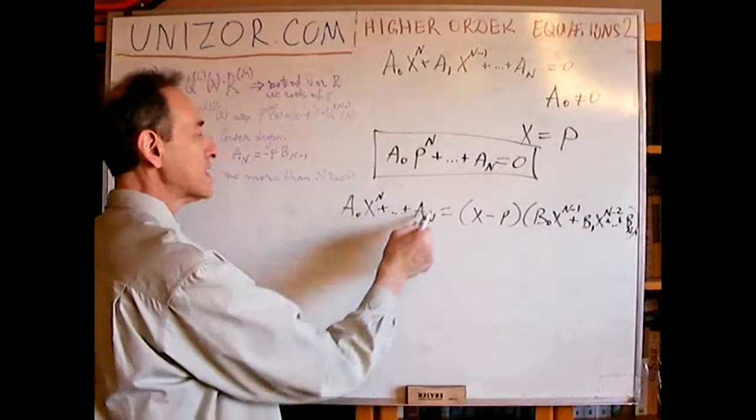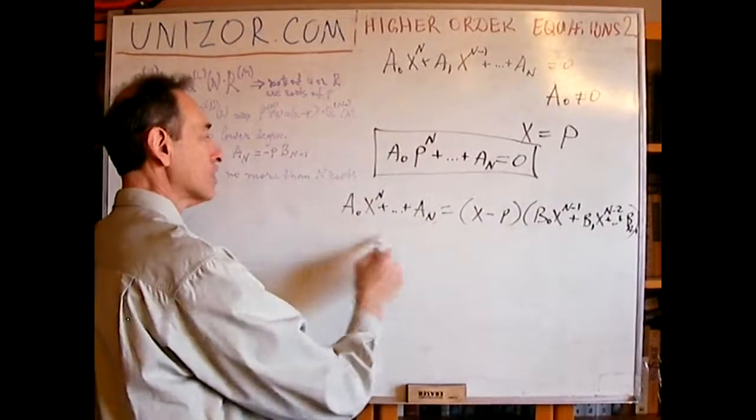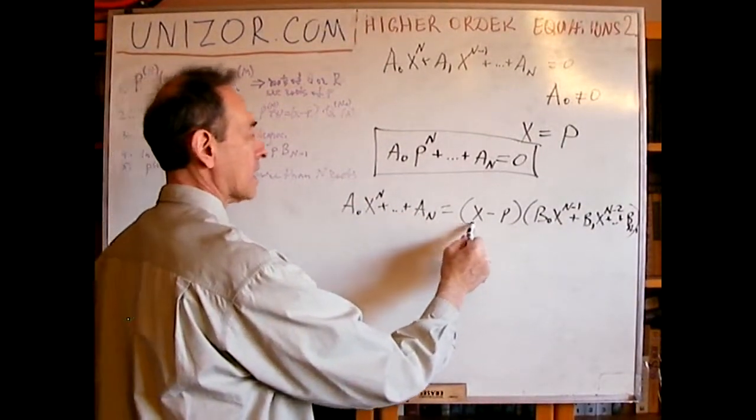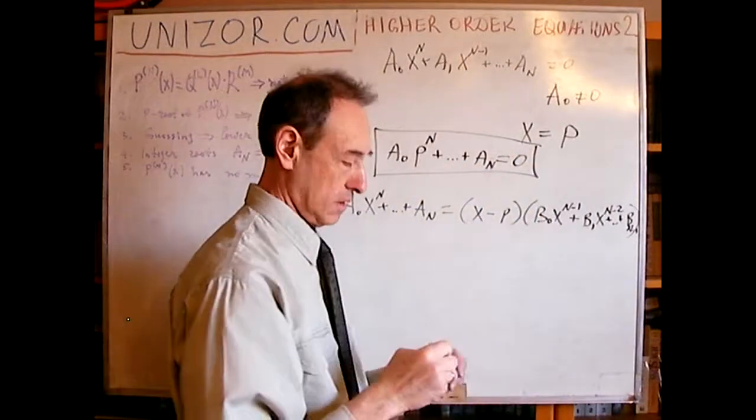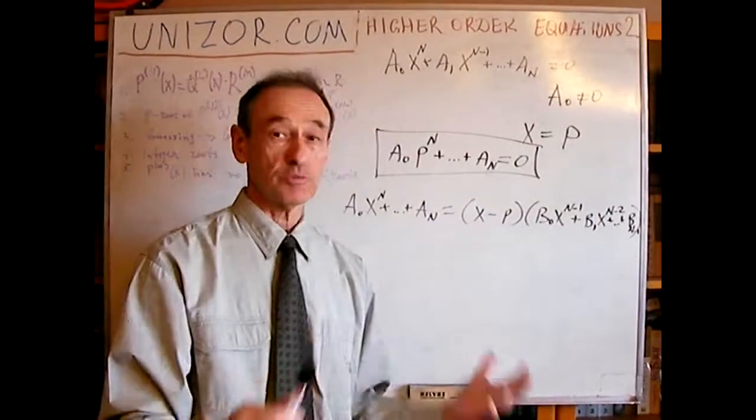So you can always divide the original polynomial by x minus p, where p is the root. And I'm going to prove it, actually.